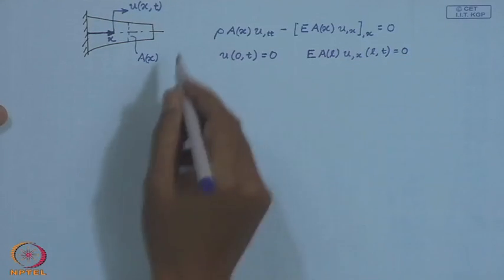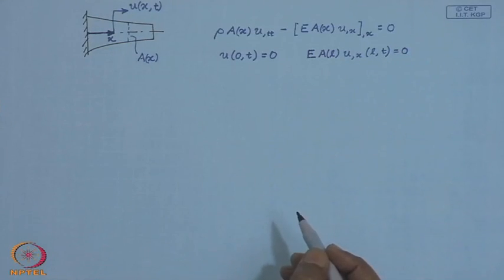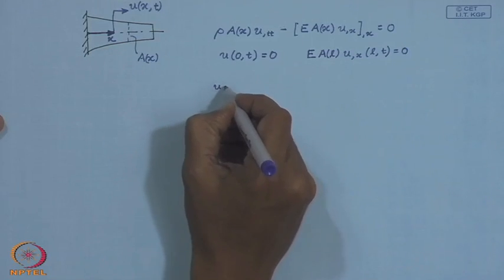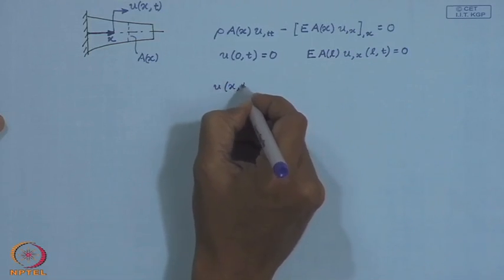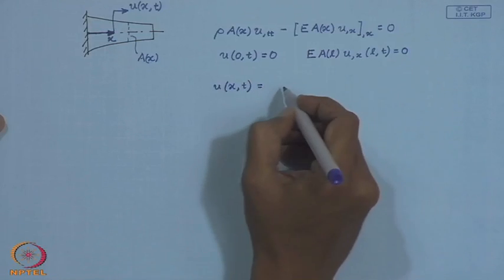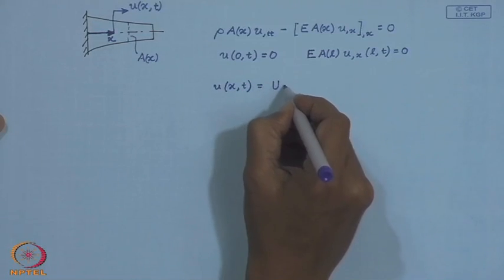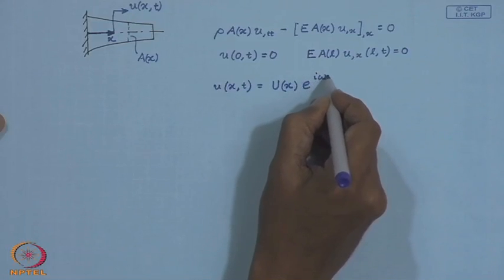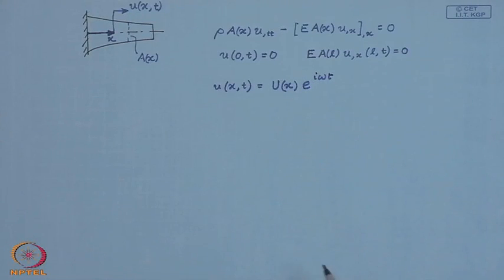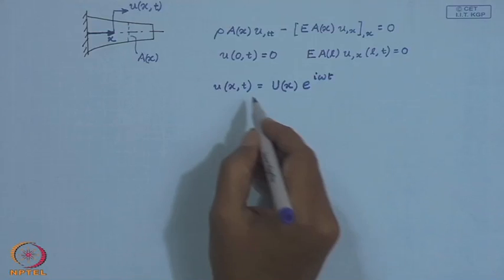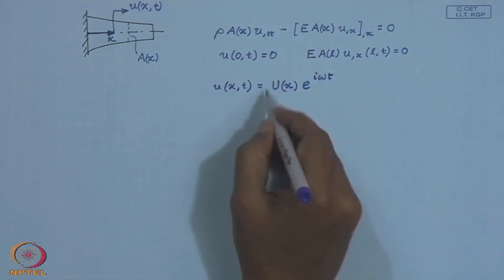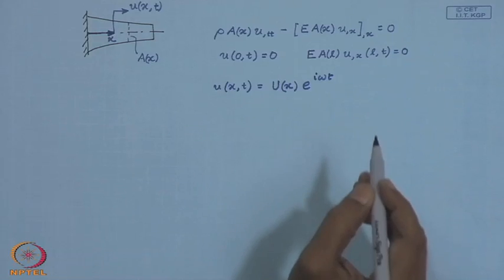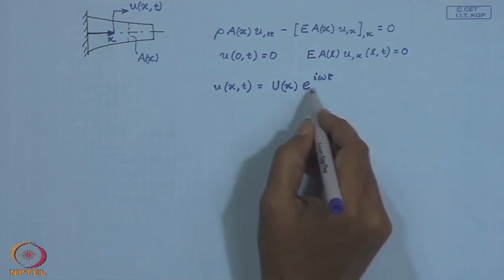In order to do the modal analysis we were searching for solutions of the special form or structure, so the field variable is expressed as a product of an amplitude function which is a function of x and a harmonically varying time function.